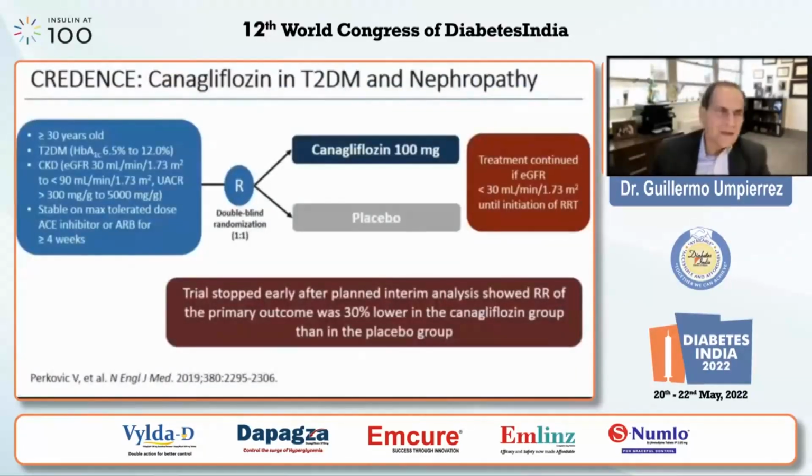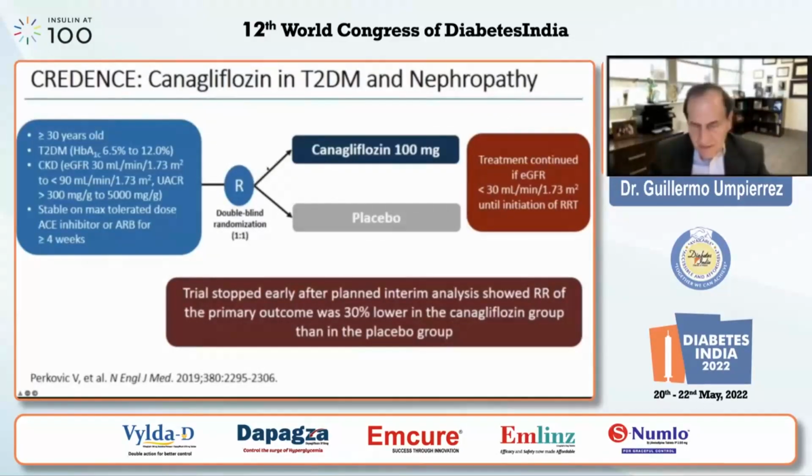Let me move now to more recent trials. The reason why I bring this to your consideration, the CREDENCE trial, is because they not only took patients who had no nephropathy, but they included patients more than 30 years old with type 2 diabetes who already have diabetic kidney disease with a GFR between 30 and 90, so significantly reduced, and they already have proteinuria from 300 to 5 grams.